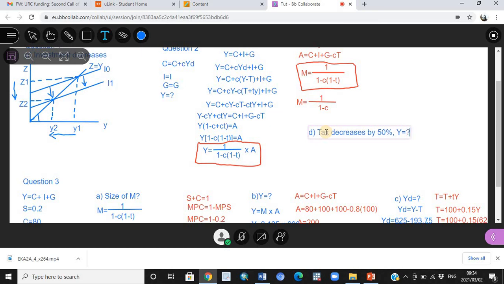Well, here we've got two different ways of working this out. The first one, you will prefer to go through all the process. The second one is just to say, all right, we've got our first income.